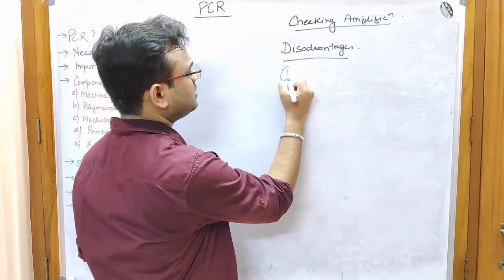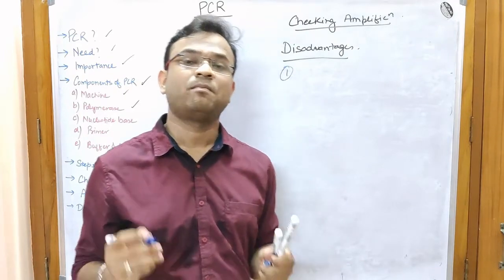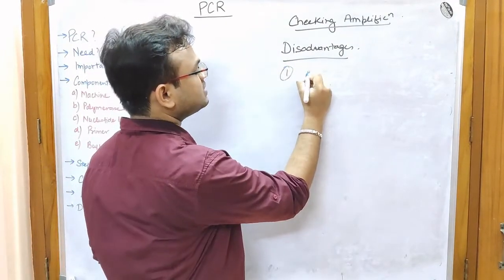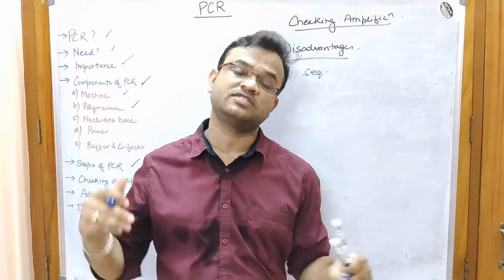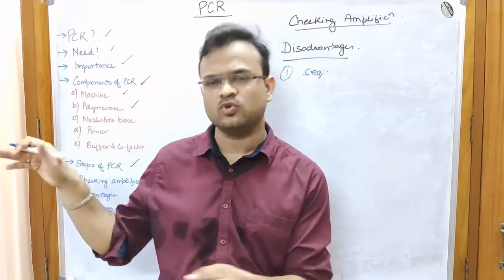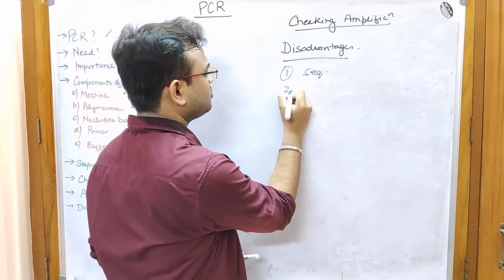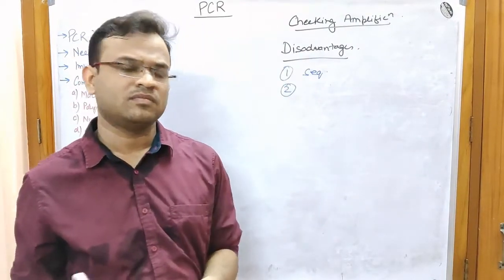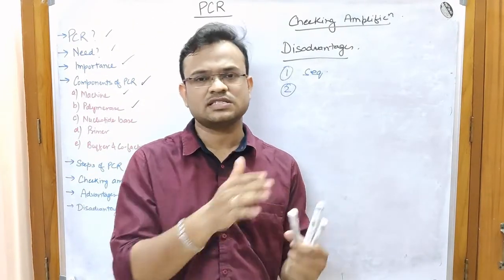First and foremost, you need to have prior information about the sequence. Only then can you design the primer, and only then can you go on with further processing. Another important disadvantage is that the process is long.